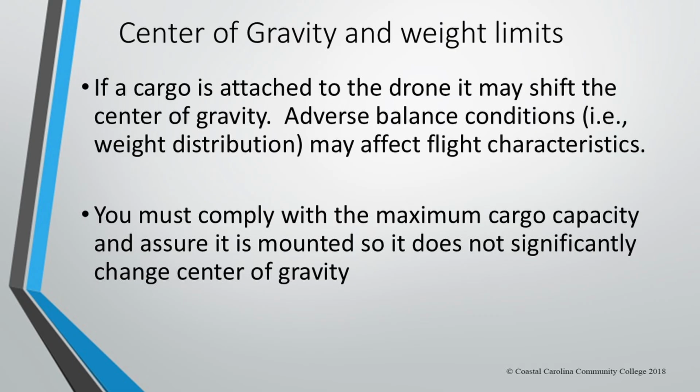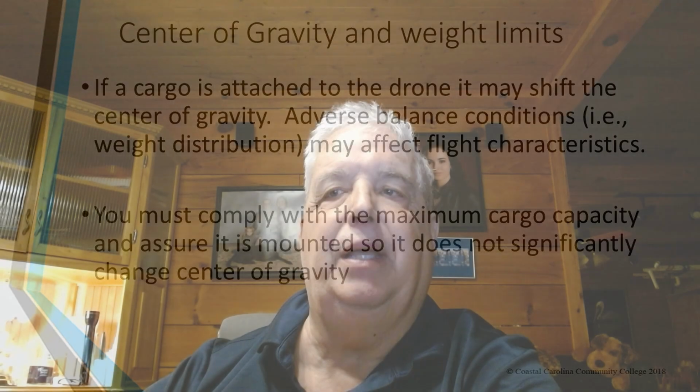If a cargo is attached to the drone, it may shift the center of gravity. Adverse balance conditions, i.e., improper weight distribution, may affect flight characteristics. You must comply with the maximum cargo capacity and ensure it's mounted so it does not significantly change the center of gravity.